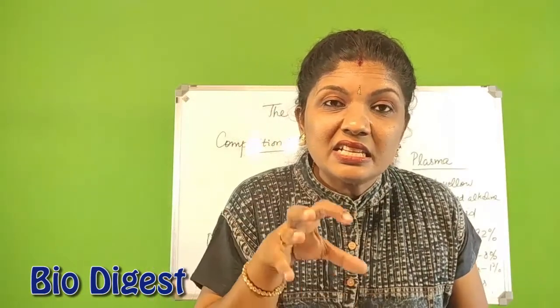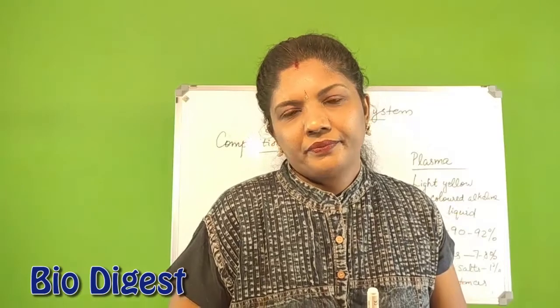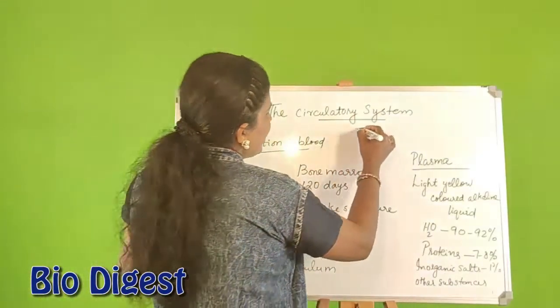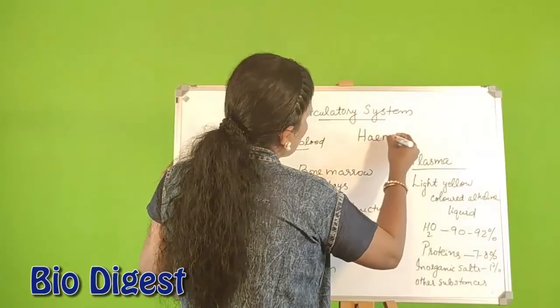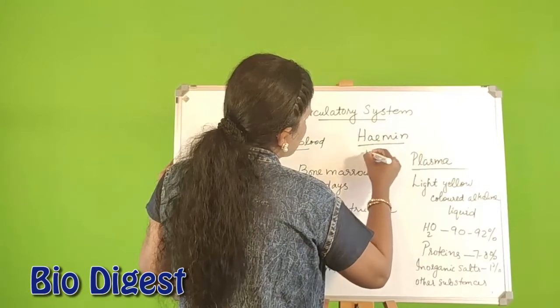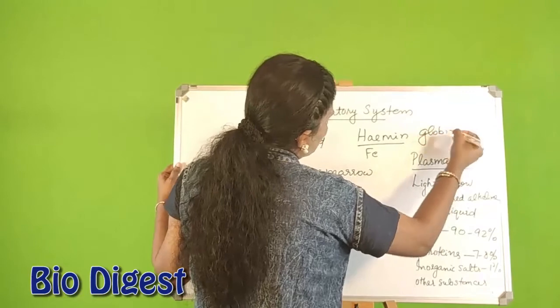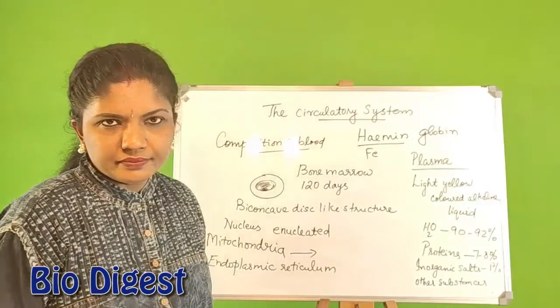Now RBCs contain one pigment. It is what is known as hemoglobin. Hemoglobin actually consists of two parts, that is hemin and globin. Hemin is an iron containing part and globin is a protein containing part.